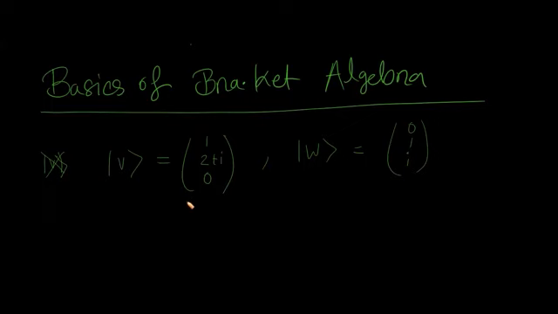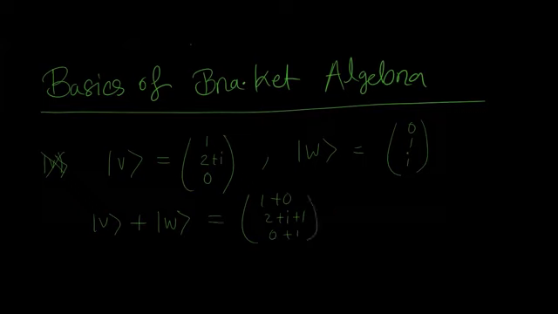So it is similar to adding two column vectors, and in the bracket notation we write it like this. First we write ket v and then ket w, and you just add component with component, and you write the final result, that is 3 plus i, and this is just 1.